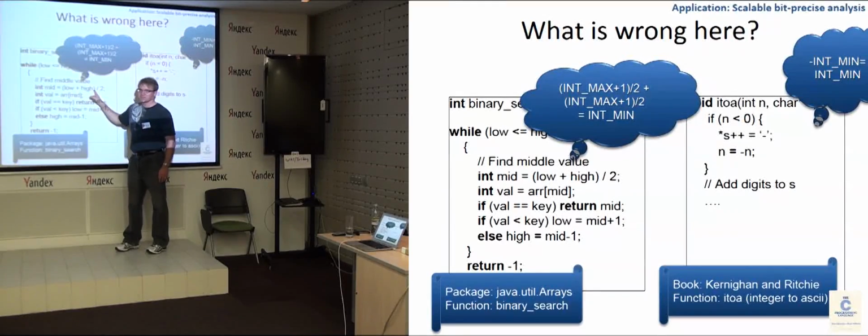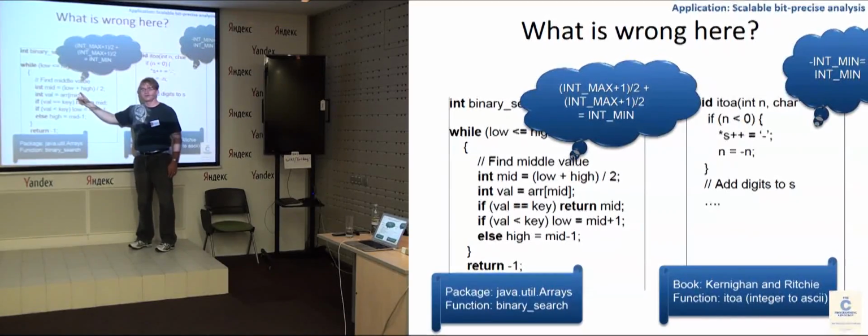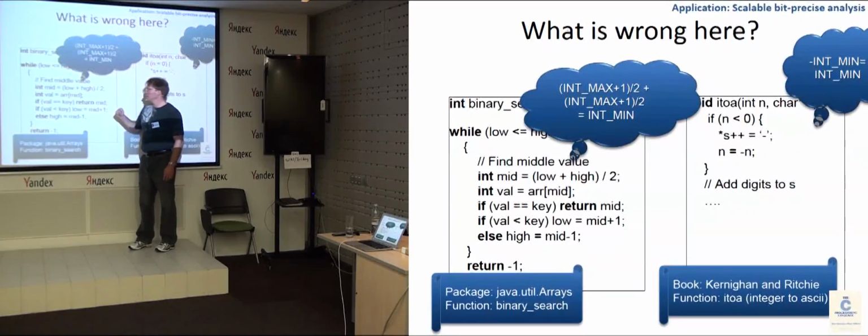So it does a bisection search, and the problem with this statement is that if low and high are more than half the maximal integer, then if you add these together, you get an integer overflow, and so you don't get the middle point between high and low. There are easy fixes to this bug, by subtracting and then adding again or something like this.